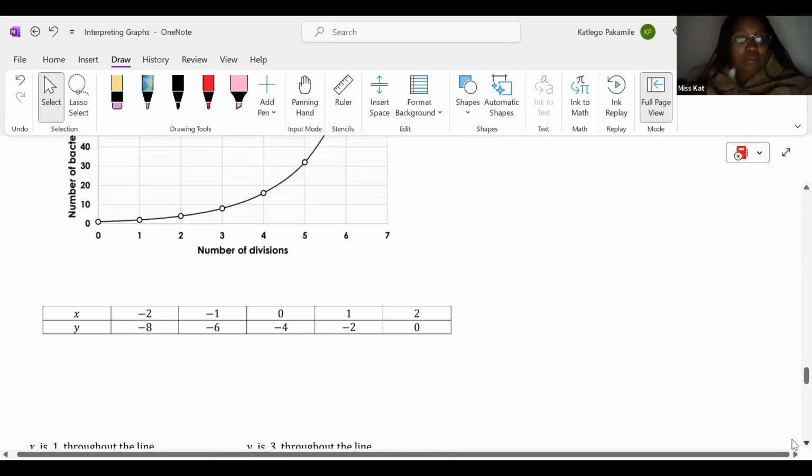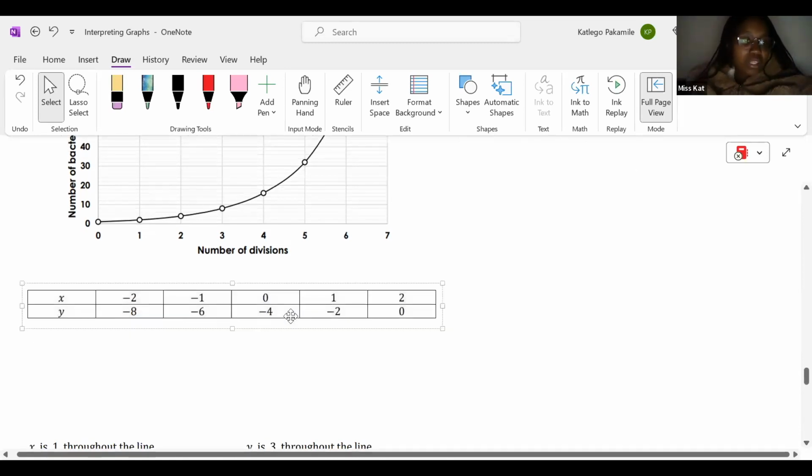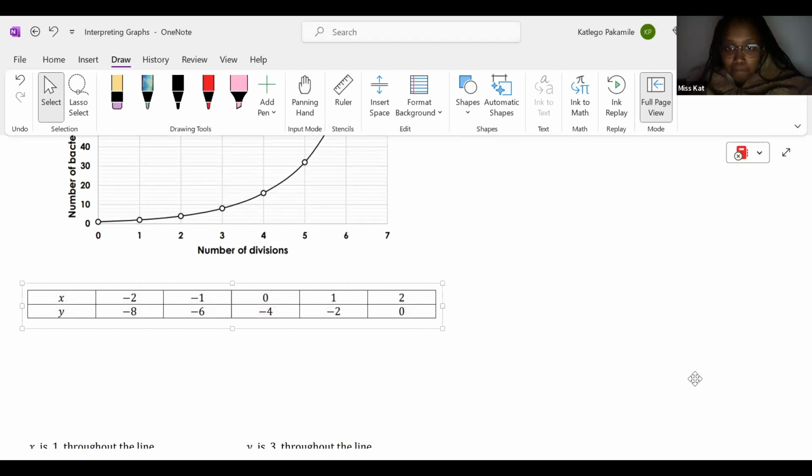Okay, let's see, what else do we have here? Okay, now we have a table. I love tables, guys. So in your opinion, in this table that we have over here, would this function be an increasing, a decreasing, or a constant? Let's get back to the lesson. It's an increasing function, okay. What does everyone have to say? Lita also says increasing. Samkelo says increasing.